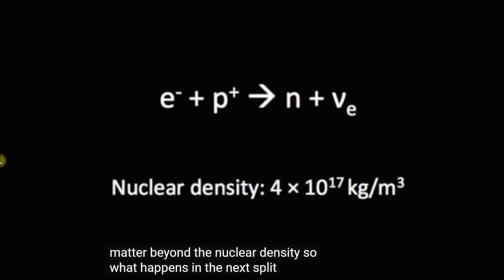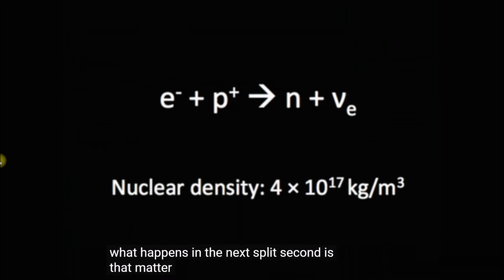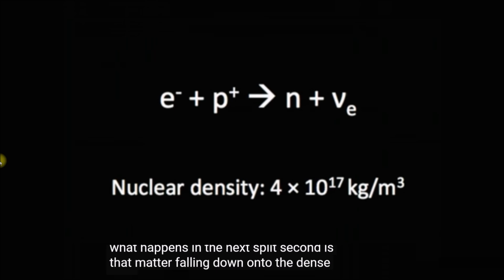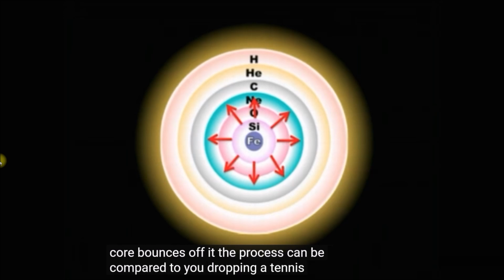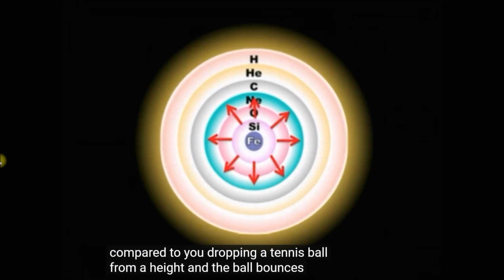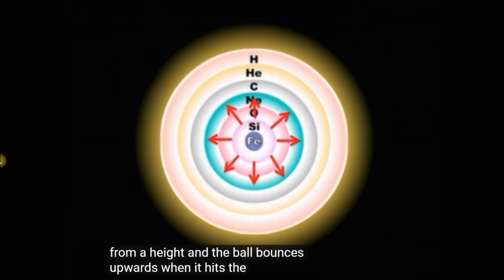So what happens in the next split second is that matter falling down onto the dense core bounces off it. The process can be compared to you dropping a tennis ball from a height and the ball bounces upwards when it hits the ground.